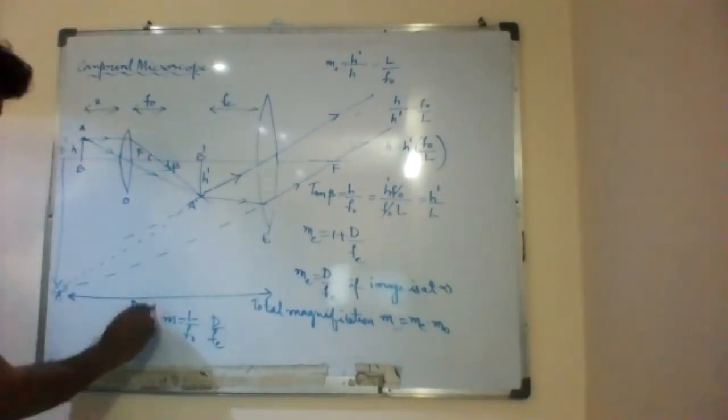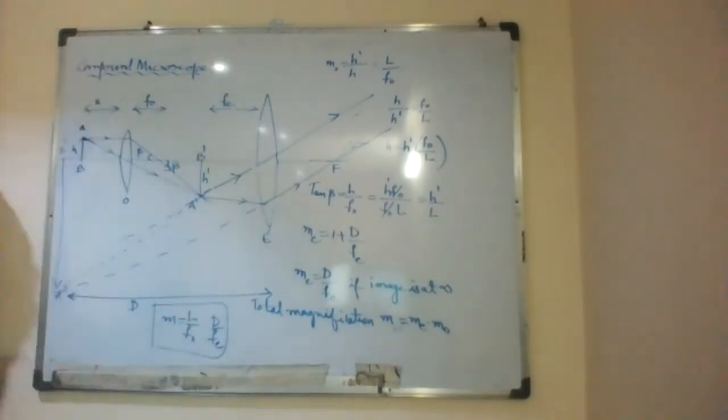This is the total magnification formula. L is the length of the barrel or length of the cylindrical tube. FO is the focal length of the objective. Fe is the focal length of the eye lens. D is the distance of distinct vision, 25 centimeter. Just substitute the values and we will get the magnification of the compound microscope.